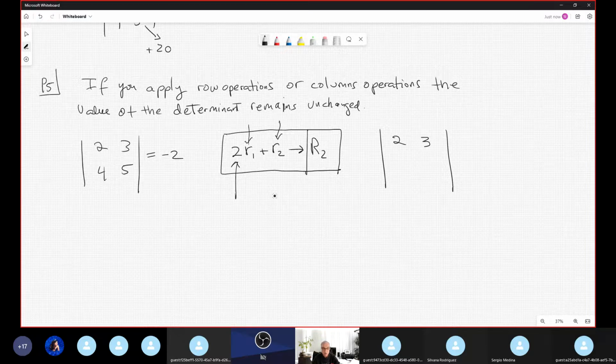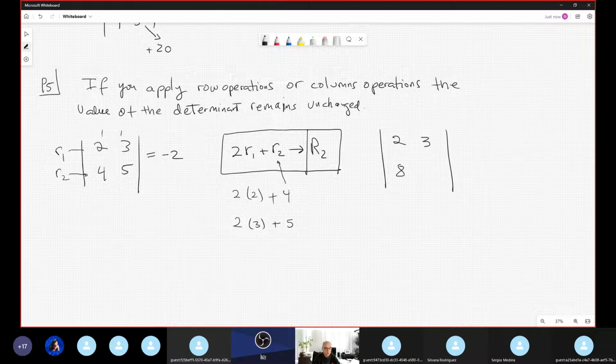You take 2 times the elements in row 1, which are 2 and 3, and you add the corresponding ones in row 2, which are 4 and 5.